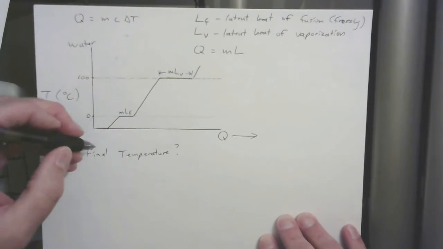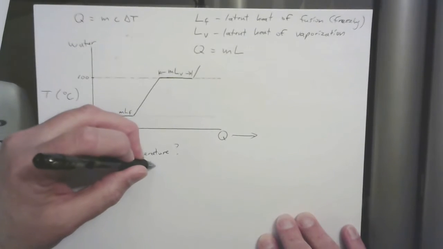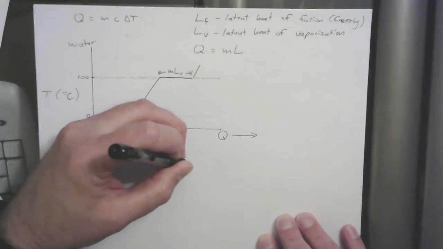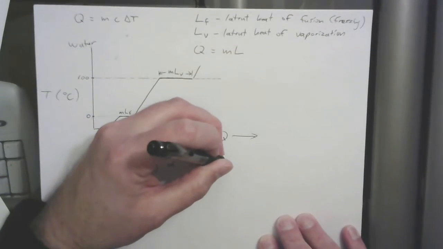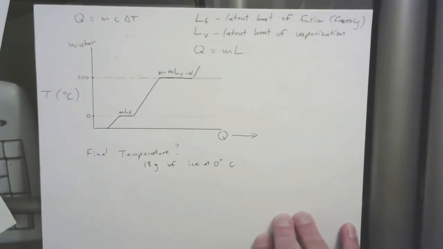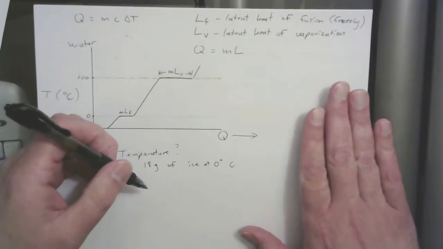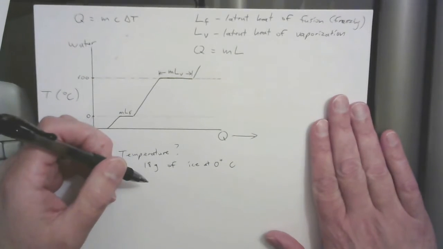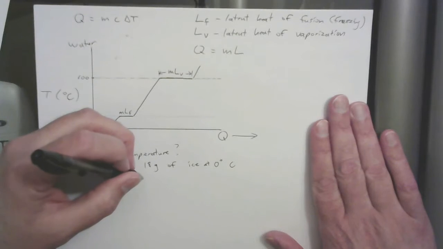In the book they've got 3 ice cubes of 6 grams each, so you've got 18 grams of ice, and we're assuming that starts at 0 degrees Celsius, right at the freezing point of water, which may be slightly not quite the right temperature for what comes out of your freezer, but it's okay for the purposes of illustration.